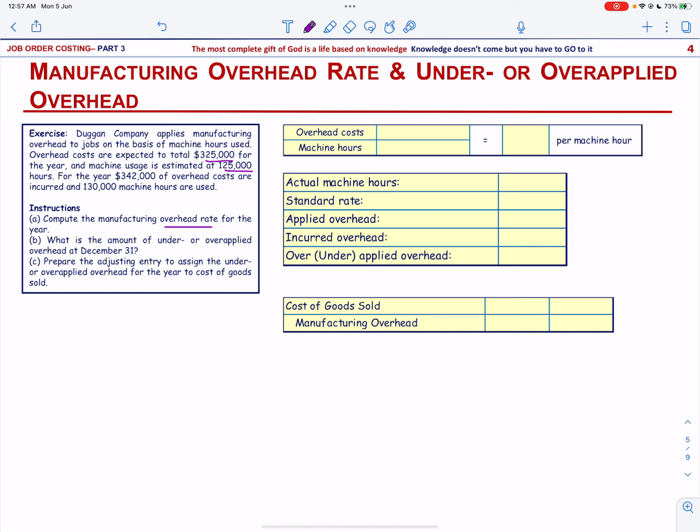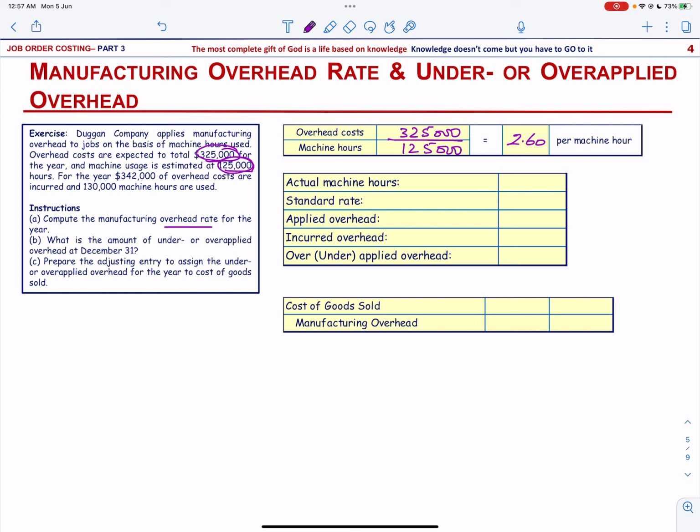The overhead rate will be the overhead cost, that is 325,000, divided by the total machine hours, and the total machine hours estimated is 125,000. Remember that we are going to take the estimated machine hours and not the actual machine hours, divided by 125,000, and this will give us 2.6 per machine hour.